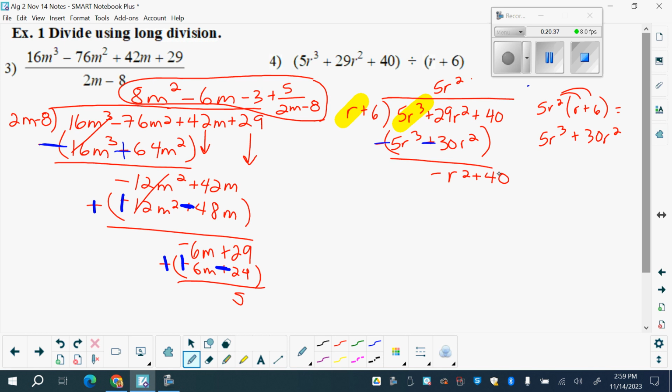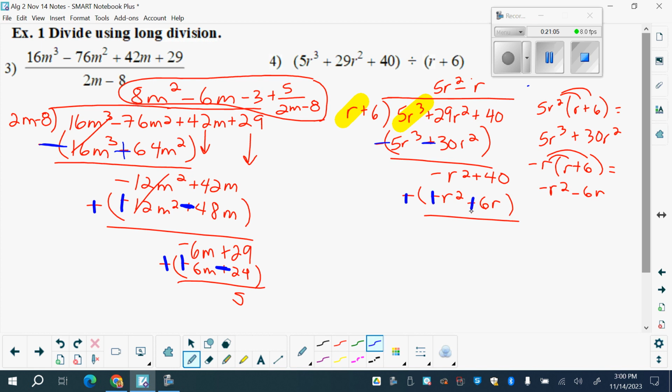So what do we multiply r by to get negative r squared? Negative r. So we have negative r times r plus 6. Negative r squared minus 6r. So pay attention to this part here. So now we're going to distribute that negative, positive, and positive.